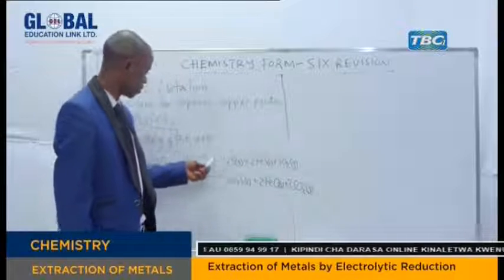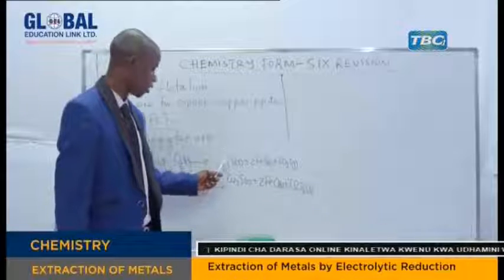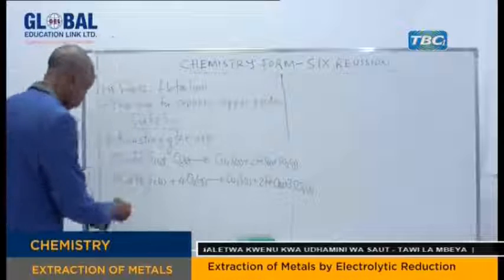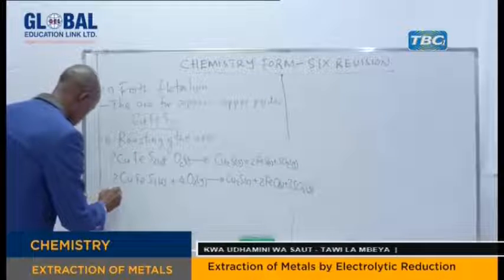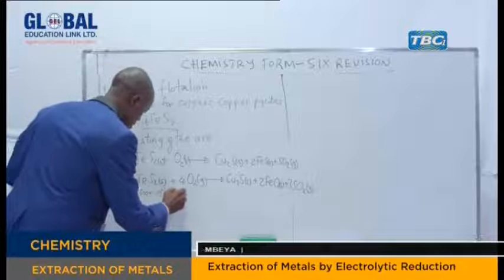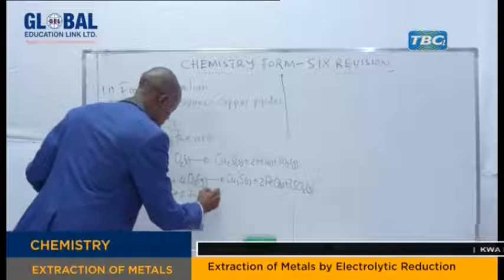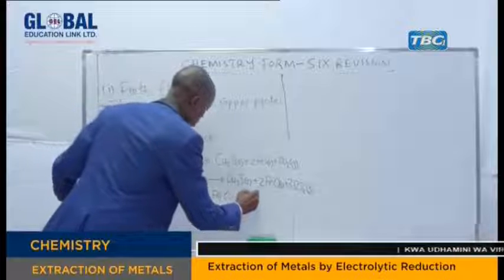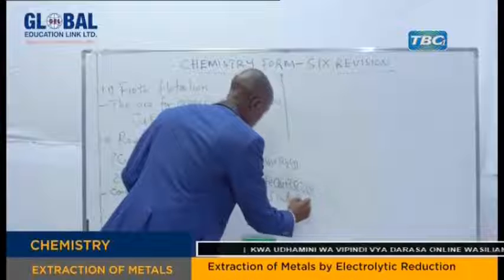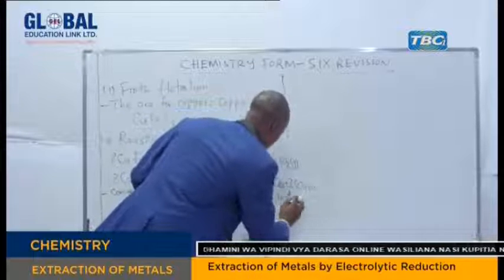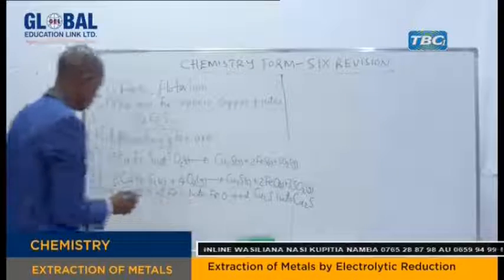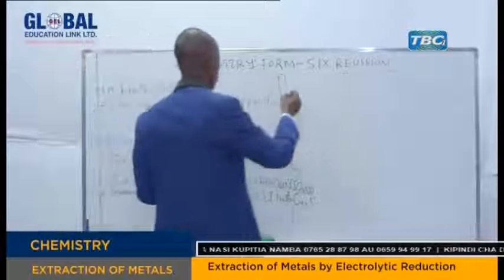And some of this copper(I) sulfide, either this one or this one, will also be oxidized into copper(I) oxide as follows. Now the chemical equations are as follows.